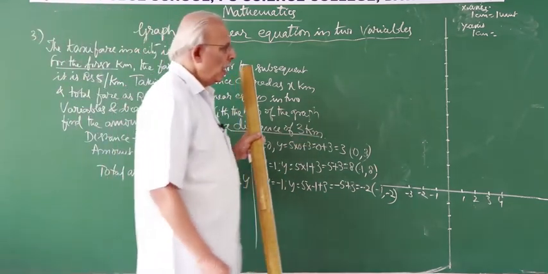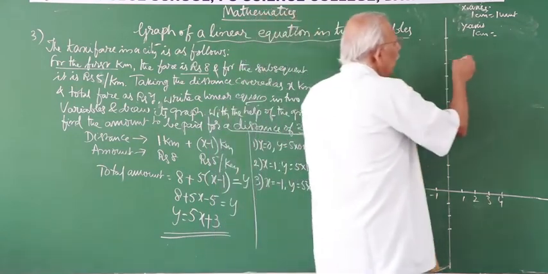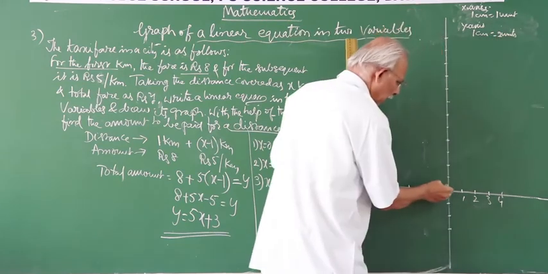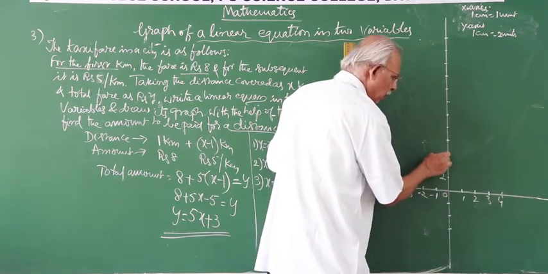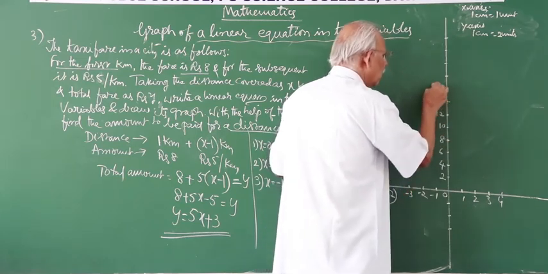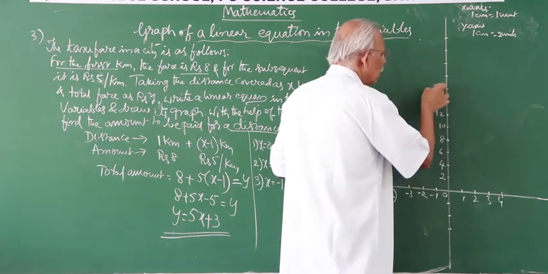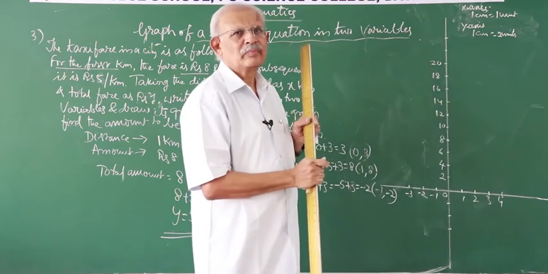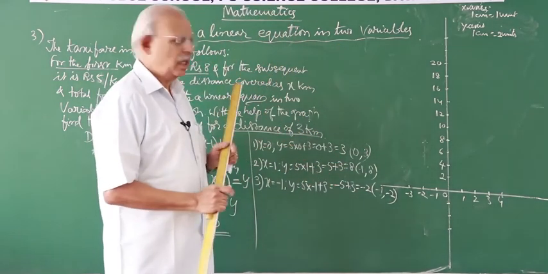So for that I am going to take the scale on the y-axis as 1 centimeter equals 2 units. This is 0, this is 2, this is 4, 6, 8, 10, 12, 14, 16, 18, 20, like that. I have just changed the scale and I am now going to draw the graph.